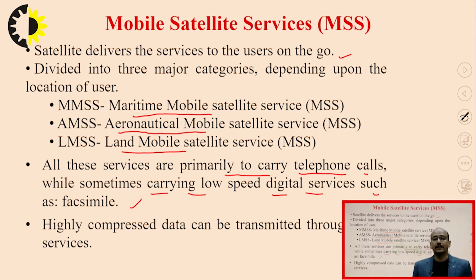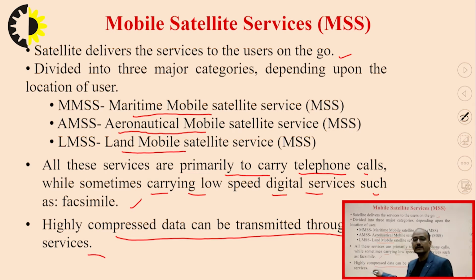You use these services only for call purposes, or sometimes for low speed digital data transfer of facsimile. In this technique, highly compressed data can be transmitted. That's why this service is not applicable for internet use.